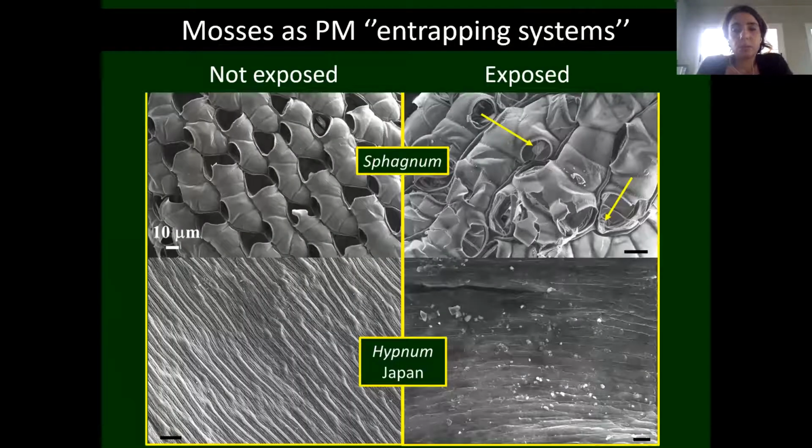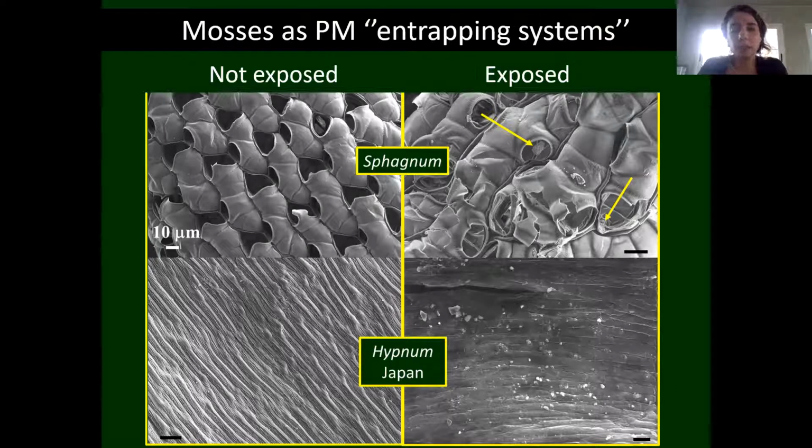We also analyzed moss surfaces, because at this site we used two types of mosses. This is an example of mosses used in Japan, but we used the same mosses in Italy. Sphagnum has a structure like a sponge.